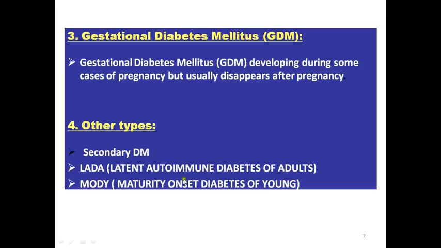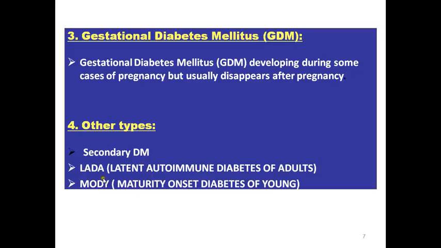Then we have gestational diabetes, which develops in some cases of pregnancy and disappears after pregnancy. Then there are other types like secondary DM because of chronic pancreatitis or acute pancreatitis or surgical procedures, where there's damage to the pancreas, or infiltration of the pancreas, like in hemochromatosis.